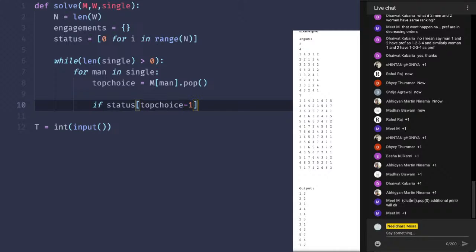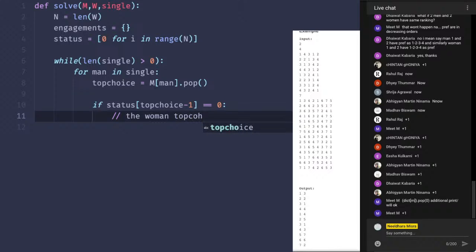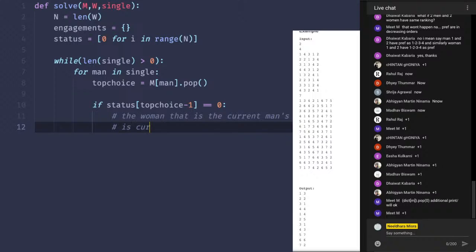So if this status is 0, sorry, I'm confused between Python and C commenting. So the woman that is the current man's top choice is currently single.